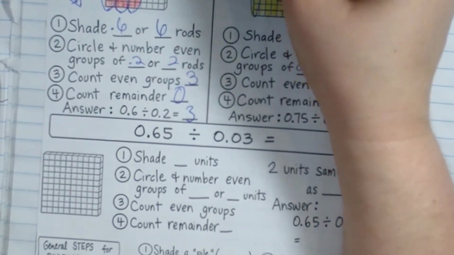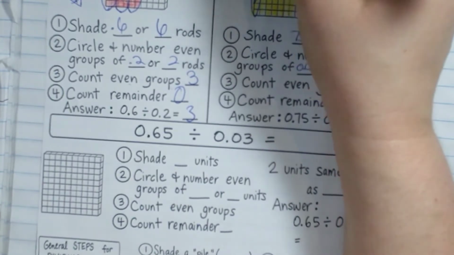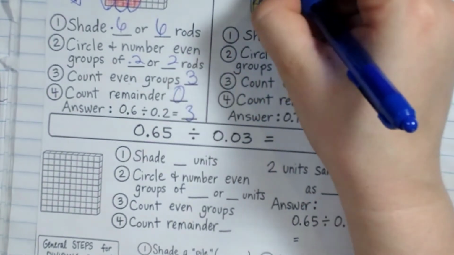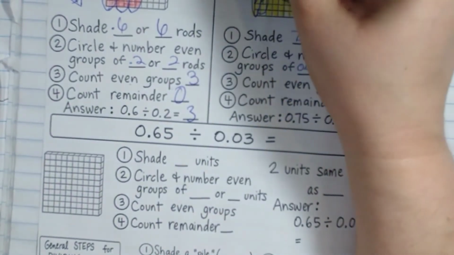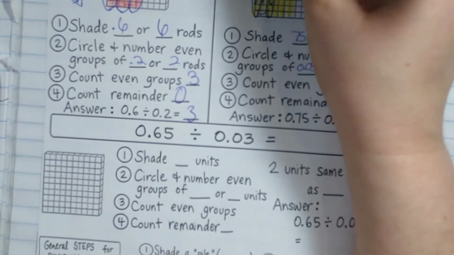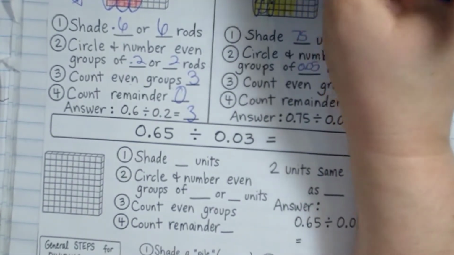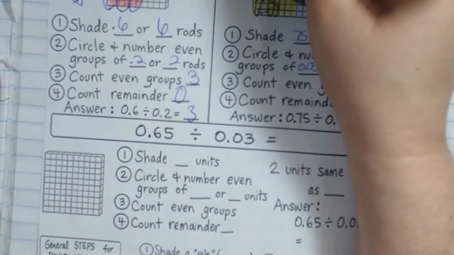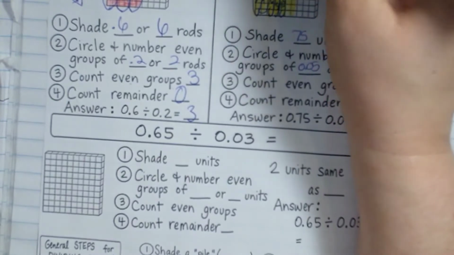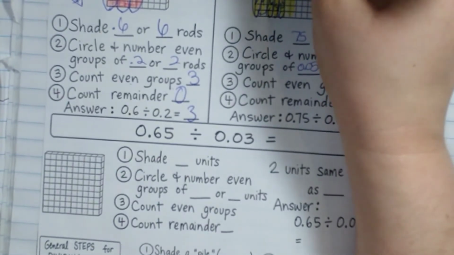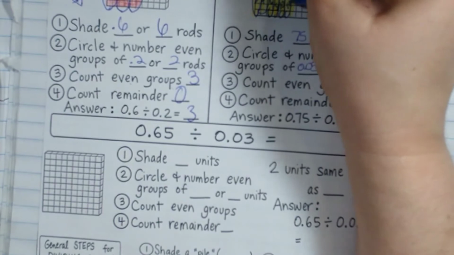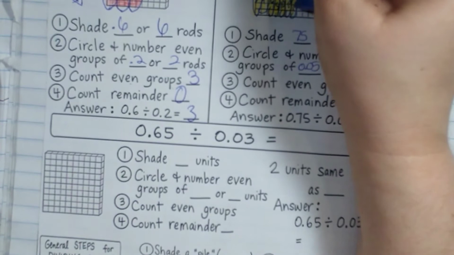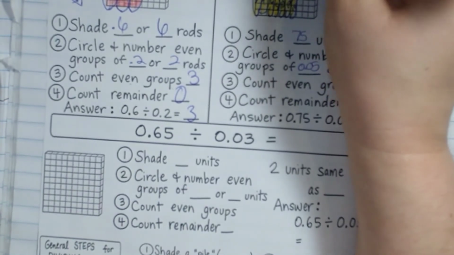There's another one. 1, 2, 3, 4, 5, 6, 7, 8, 9, 10, 11, 12, 13, 14, 15 with nothing left over.